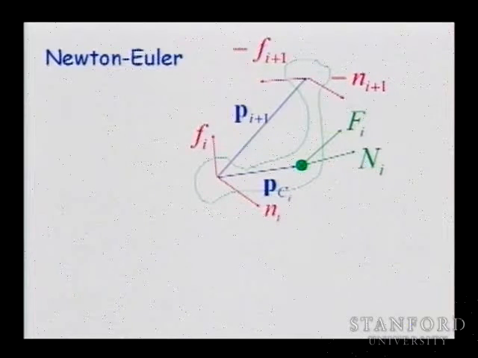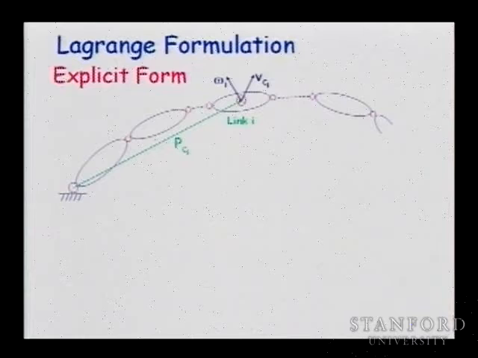Well, this way, which is called the recursive Newton-Euler formulation, is going to require elimination of these internal forces and elimination of the forces of contact between the different rigid bodies. What we will do instead is go to the velocities and consider the energy associated with the motion of these rigid bodies.